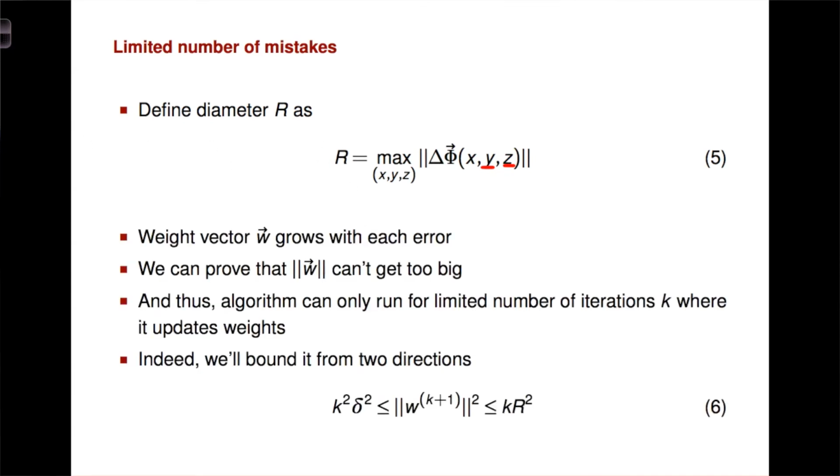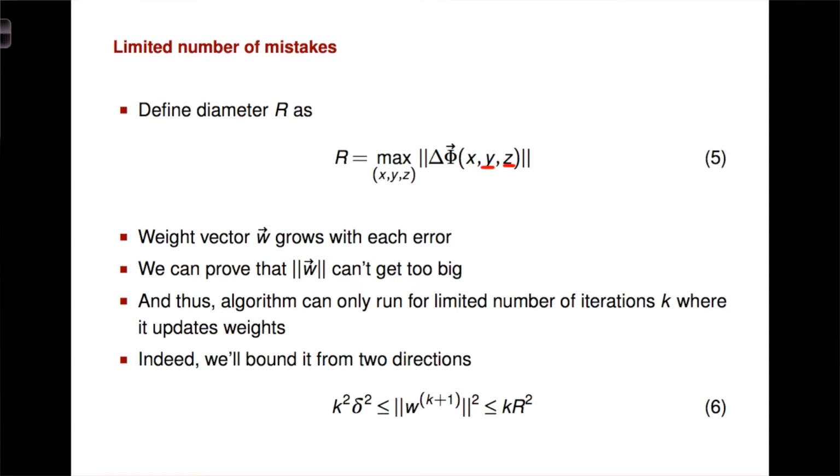Every time you make an error, your weight vector grows. And so what we're going to prove is that the size of our weight vector can't get too big. And thus, our algorithm can only have a limited number of iterations where it makes mistakes, i.e. it updates the weights. And so we'll actually bound this from two directions.